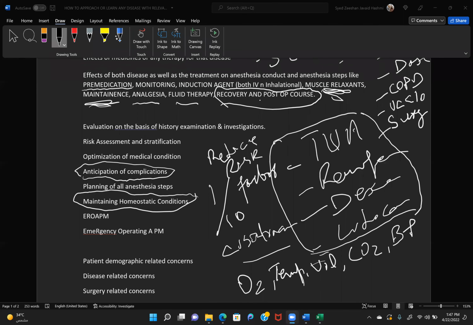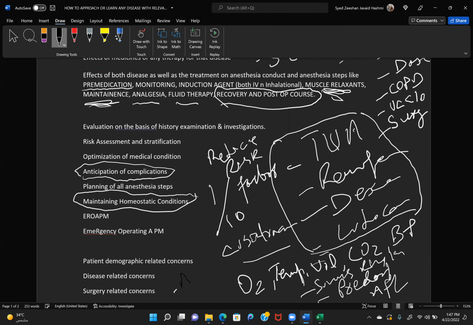I label them as my best friends: normothermia, normotension, normocarbia, normovolemia, sinus rhythm, maintain preload and afterload, avoid stress response, and multimodal analgesia. So these are my best friends.